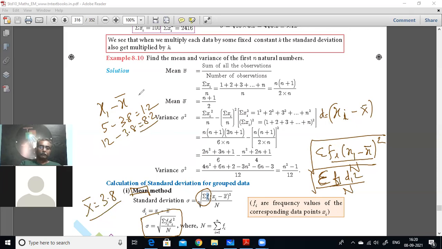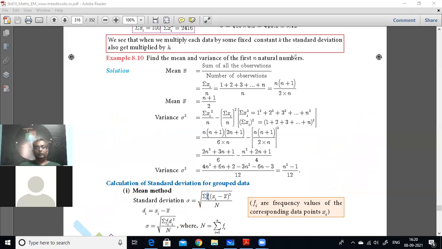So your deviation d of i will become a fraction. So be very careful when using the mean method. Use only the assumed mean method or step deviation method. You understand why I am saying that? So the mean method is usually not advisable except in the simplest of cases, where you can even visually, mentally see that the mean will be an integer or whole number.